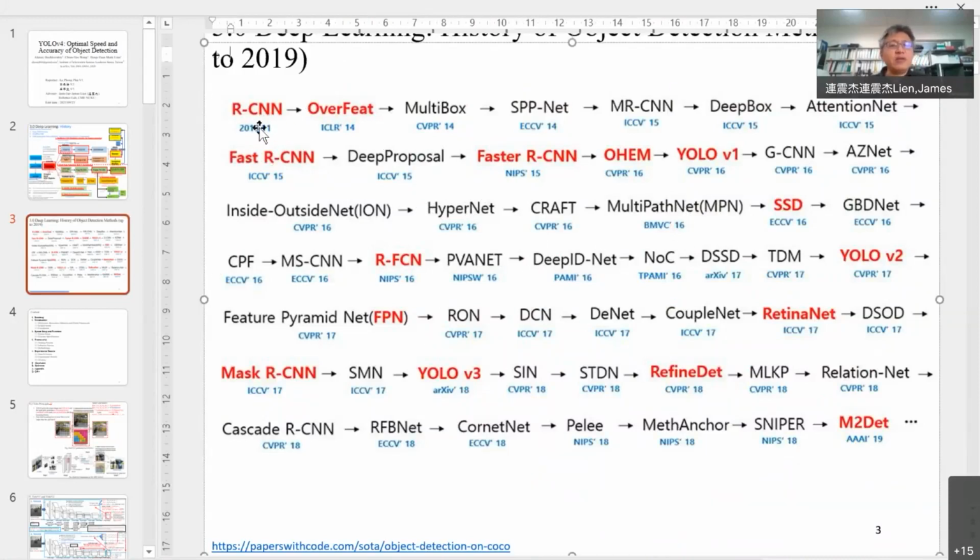So we'll find this is the region CNN. In this timetable, they listed some important conferences. One is CVPR, the other is ICCV, and NIPS.